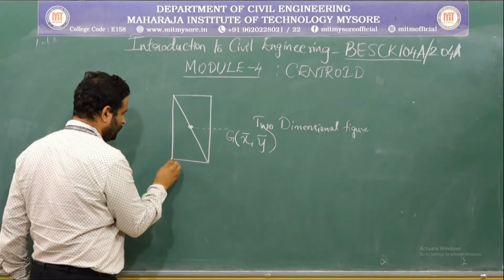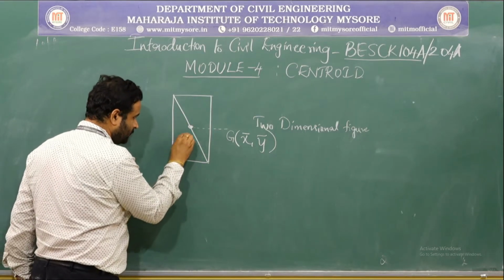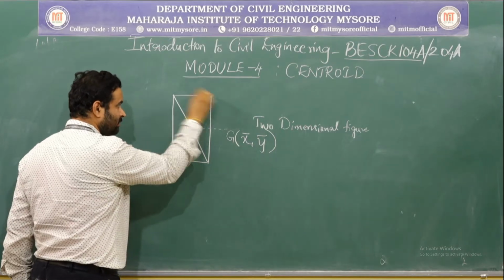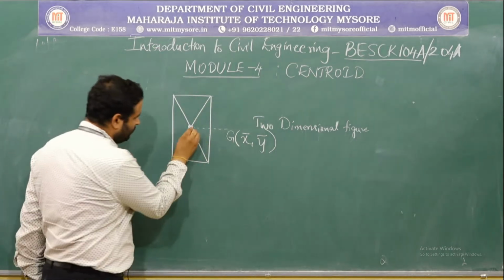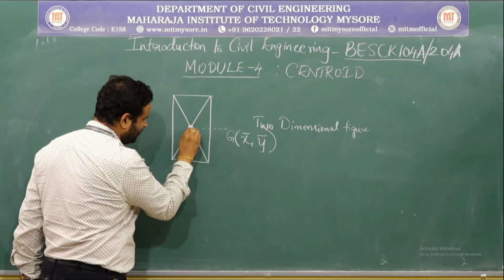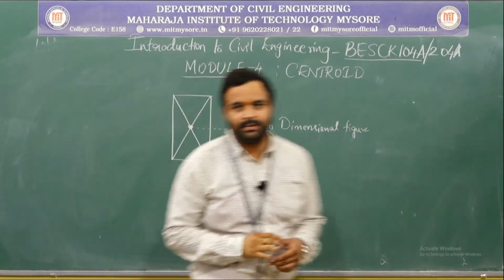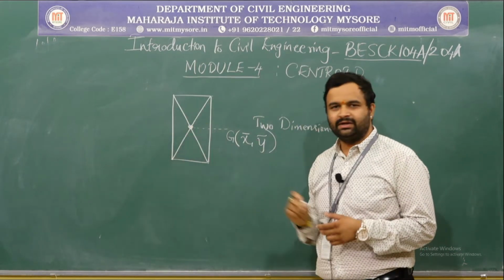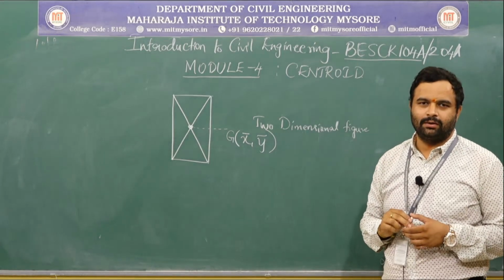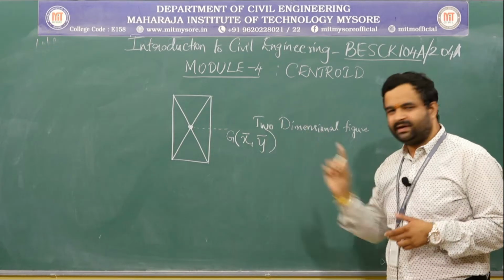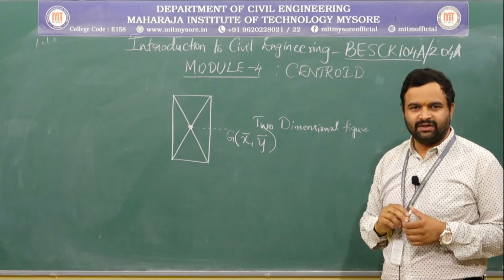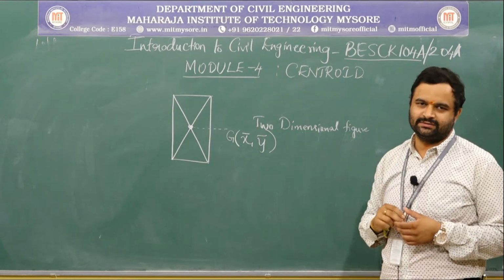One diagonal and the second diagonal. See, it is the point where the diagonals of the rectangle meet. So, this point is called the centroid, and it is always represented with the help of the coordinates.